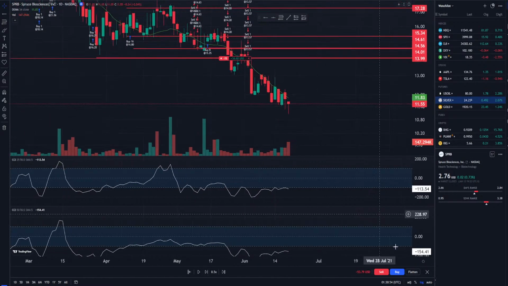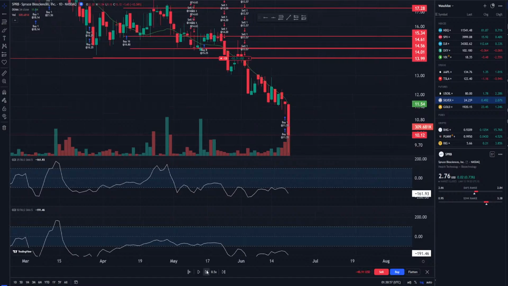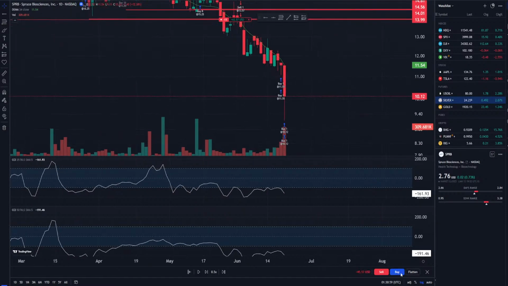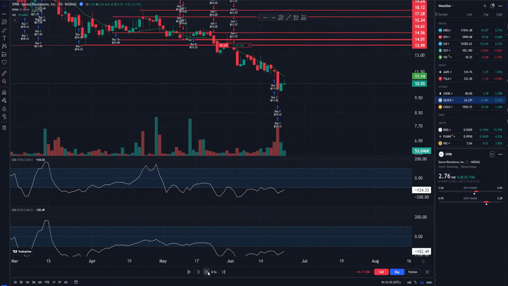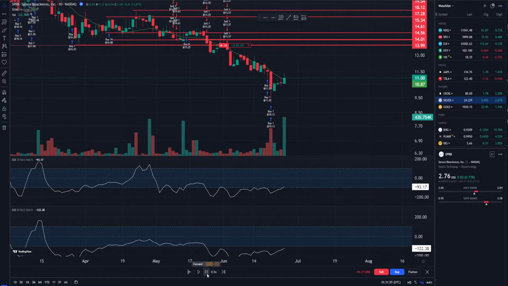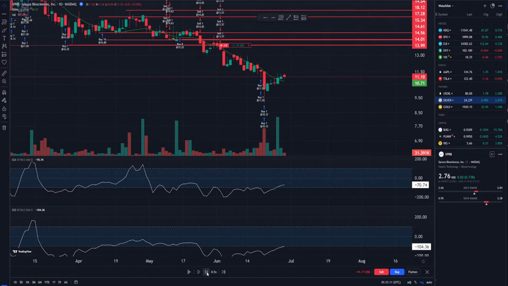Next leg down, let's take a little bit of profit right there. And boom, let's take a little bit more profit right there. The crossover back of this EMA, we got a great entry on this. Let's give it a little bit more time.